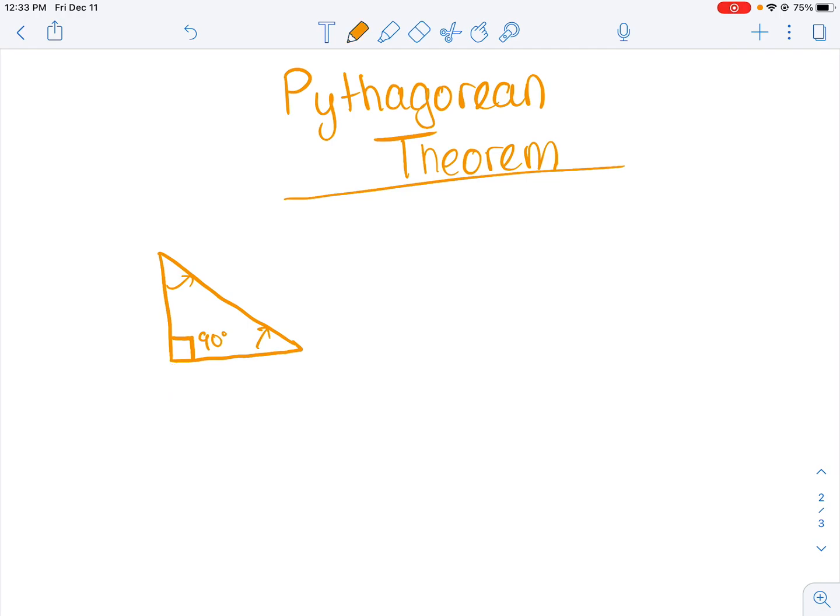And what you can do is, if you know 2 sides of the triangle, say you know these 2 sides, you can figure out the length of the 3rd side using the Pythagorean theorem. And some of you already know the Pythagorean theorem is c squared equals a squared plus b squared.